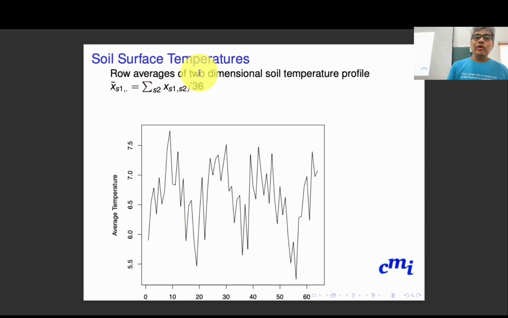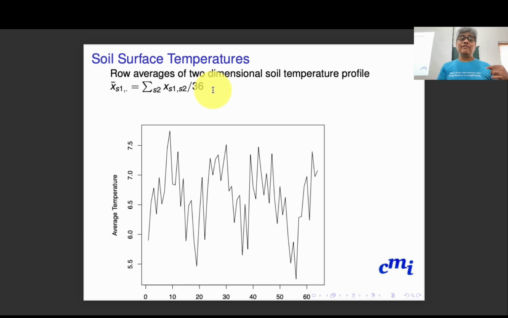So this is the row average of the two-dimensional soil temperature profile. Over the time period, this is the average temperature. It's like you have taken the average over one particular row.